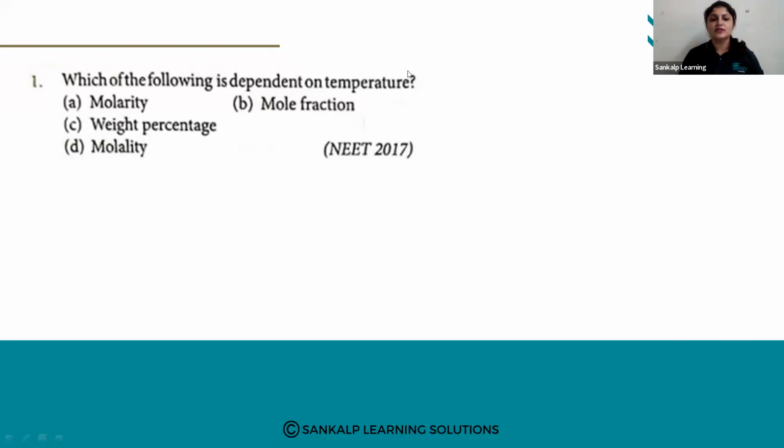Which of the following is dependent on temperature? Option A molarity, B mole fraction, C weight percentage. We have solved similar questions in the previous classes. Can anyone tell?